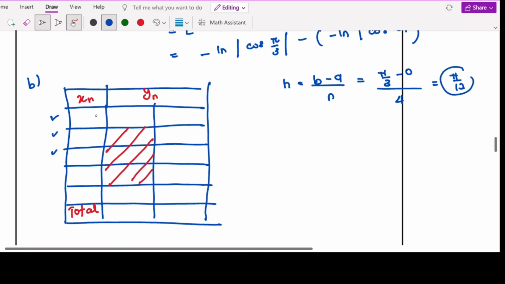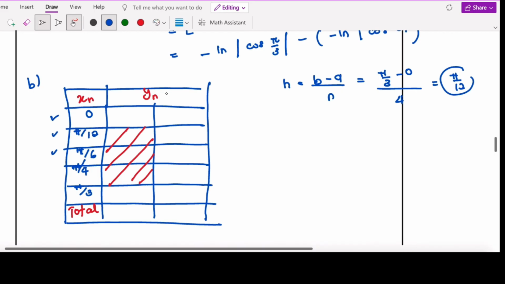Your starting point is 0 and your ending point is pi over 3. Add on pi over 12 for each strip, so you're going to get pi over 12 here, pi over 6 here and pi over 4.